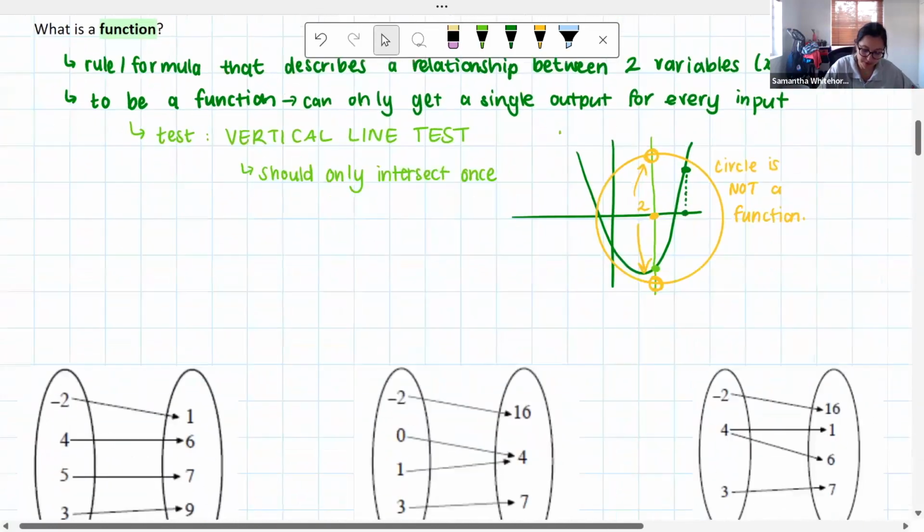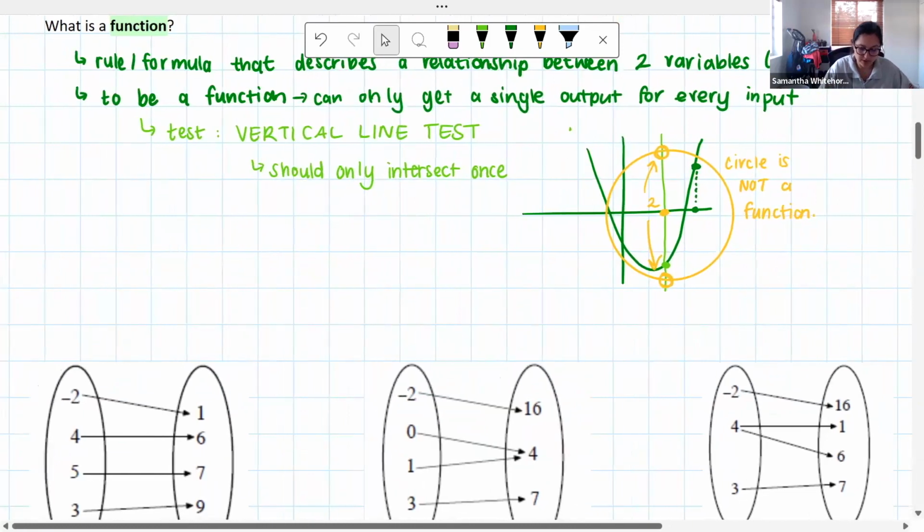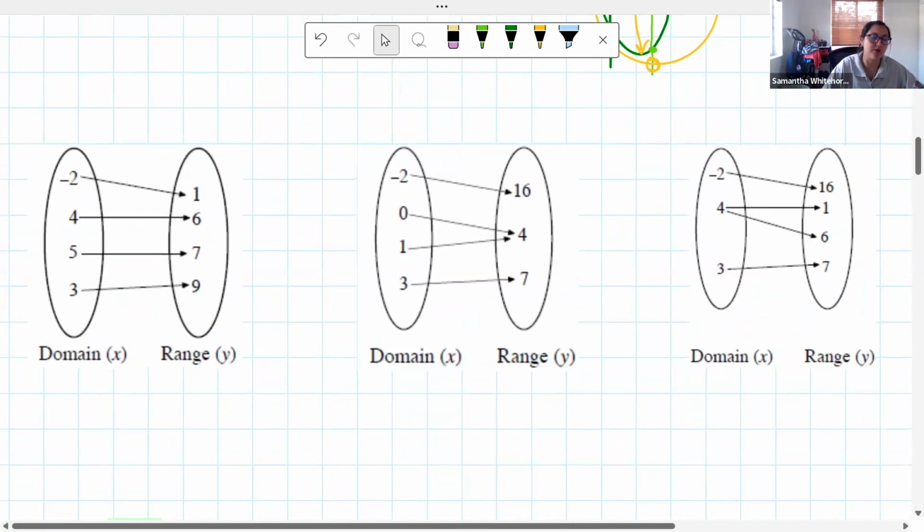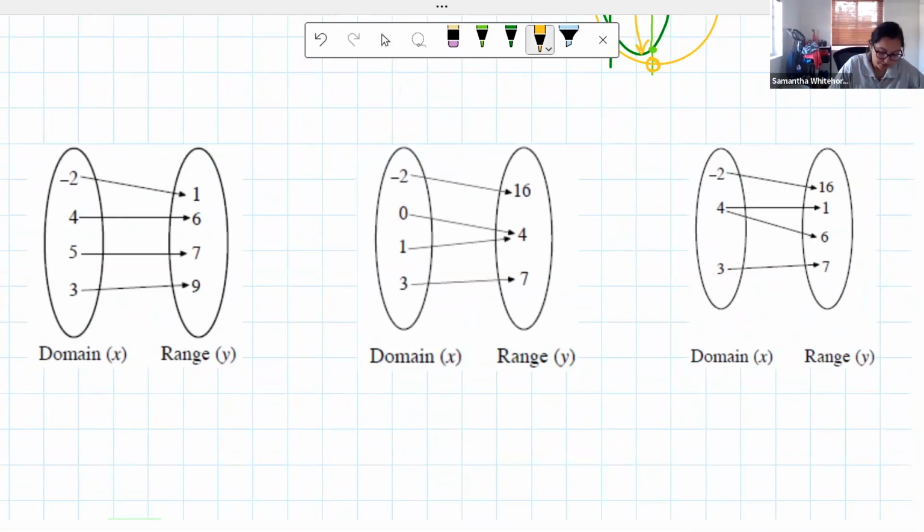Right, so if we have a look at just some values here to get a basic understanding of what's going on with our functions. Here we've got 2 sets of values. We've got a domain value and a range value. Very basically put, I've got an X and a Y value. So these are all my X values. These are my Y values, because remember, domain is X, range is Y. Now, these are all input and output values.